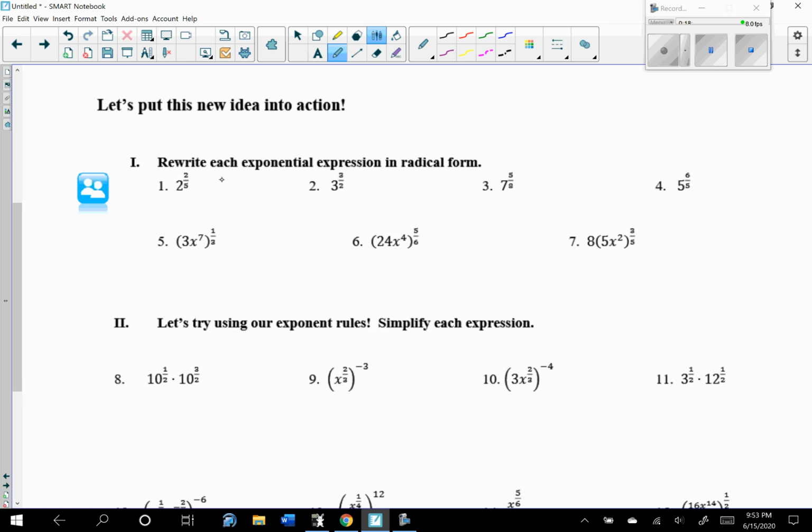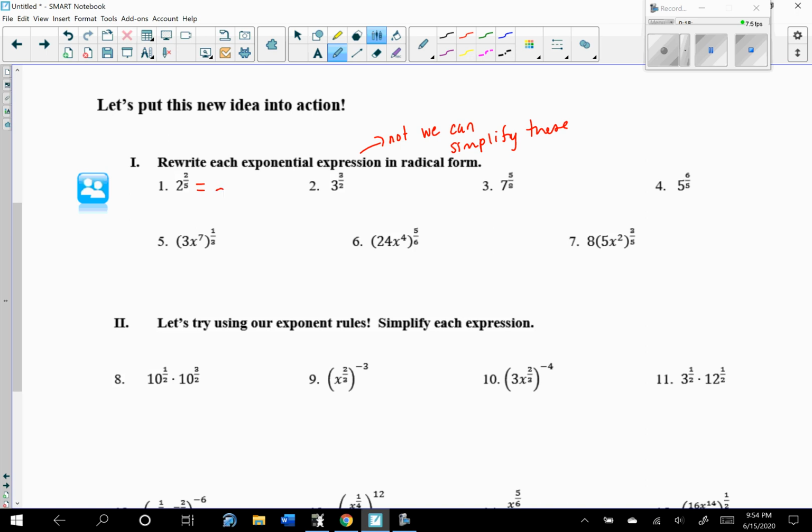So looking at the first one, we're just going to rewrite each exponential expression in radical form. So we're not going to simplify. So I'm going to make a note. We can simplify these, but for our purposes, we're just going to rewrite it in the form just so we can practice it.